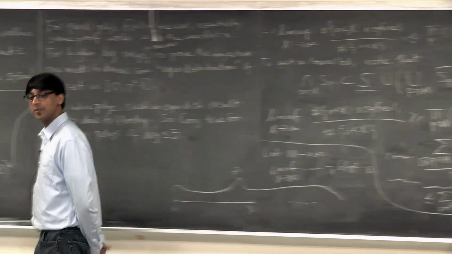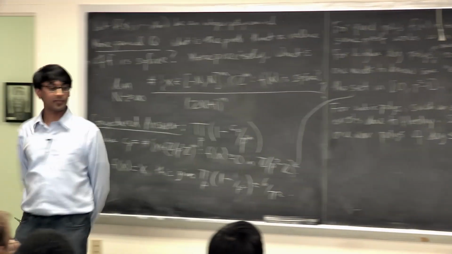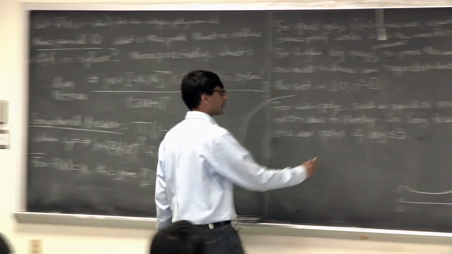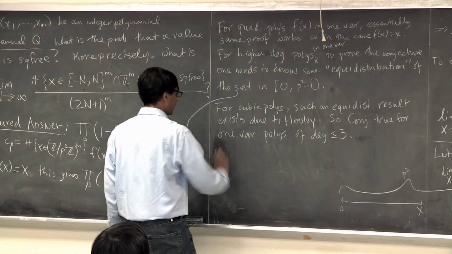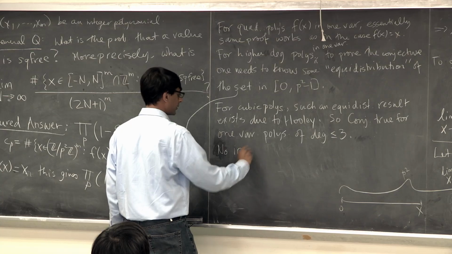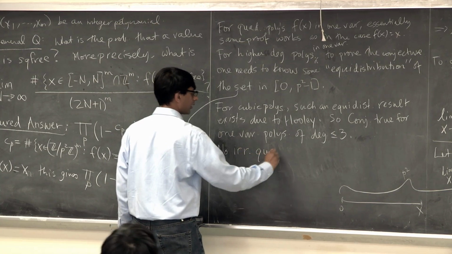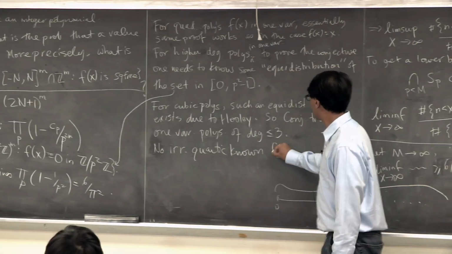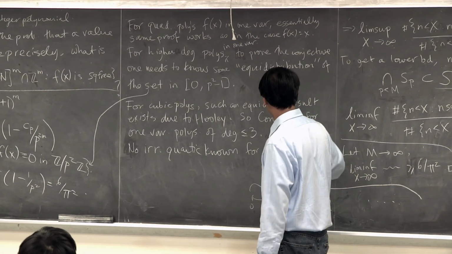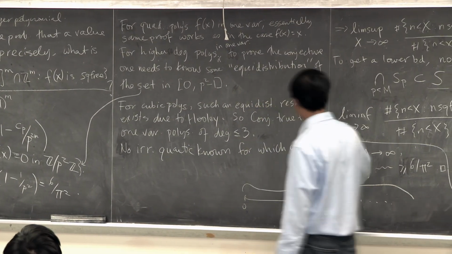But I think for an irreducible polynomial, it's hard to arrange. So I think it's true that no irreducible quartic is known for which the conjecture is true, at least non-trivially true.